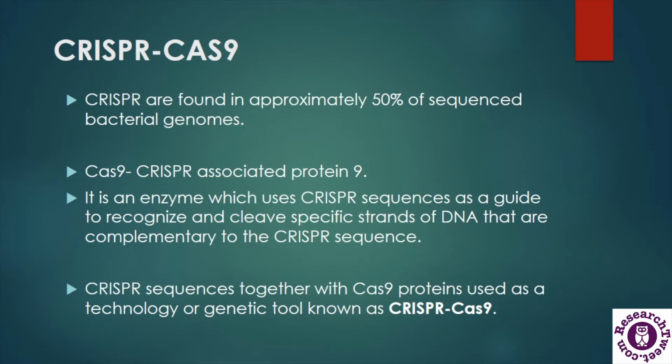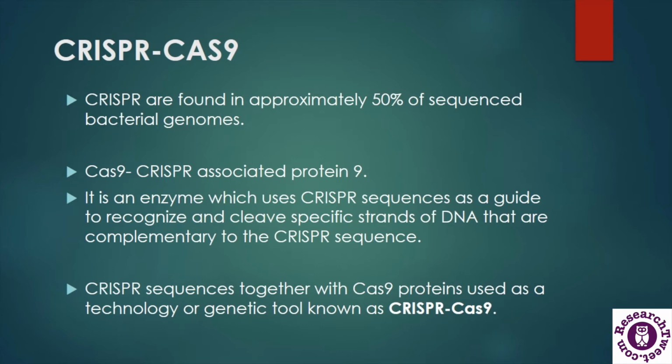Now let's understand some characteristic features of CRISPR-Cas9. We know that CRISPRs are palindromic repeats and they are found in approximately 50% of sequenced bacterial genomes. Now let's understand what Cas9 is.